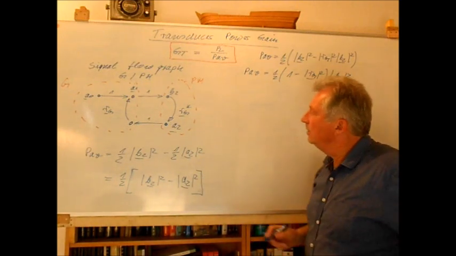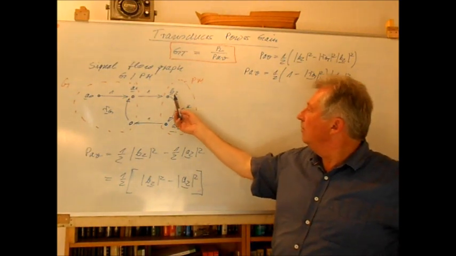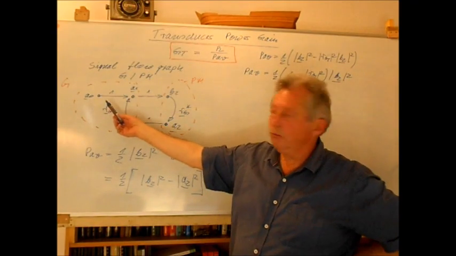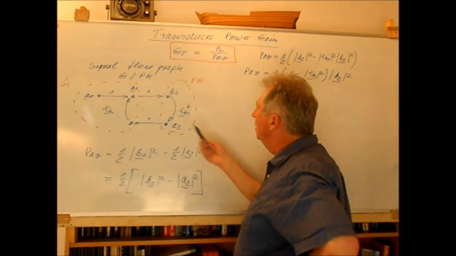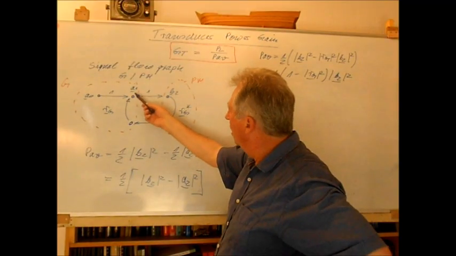So our problem is now to relate the wave amplitude B2 to the original wave amplitude A naught. So you see here, of course, this consists of A1.